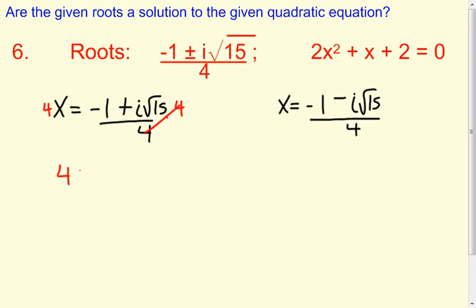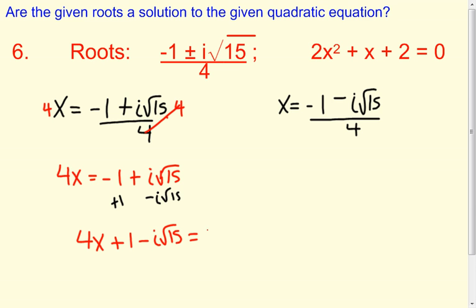And then I will have 4x equals -1 plus I times the square root of 15. And then, of course, to move this to the other side, then, I will add 1 and I will subtract I root 15. So this one will look like this. 4x plus 1 minus I times the square root of 15 equals 0.